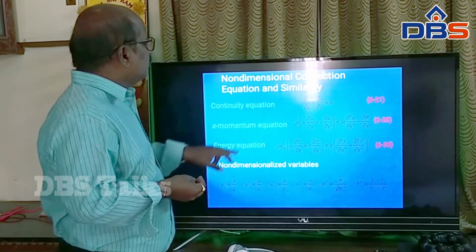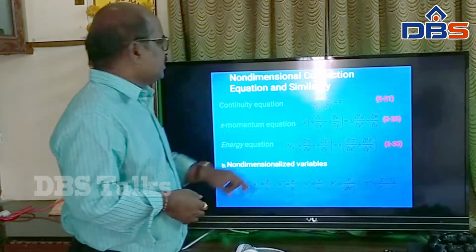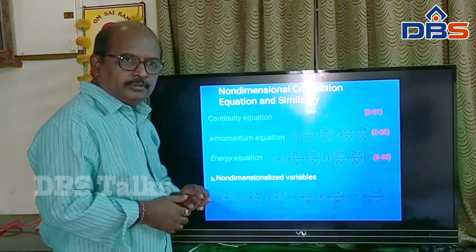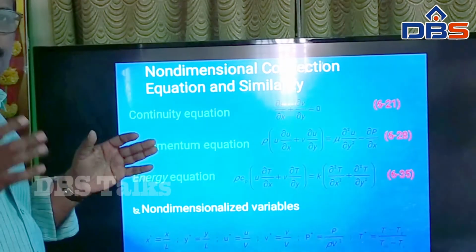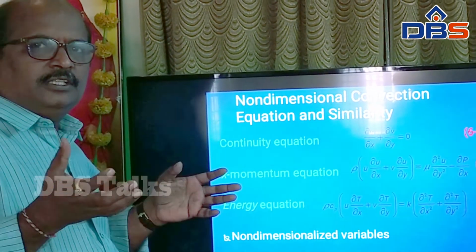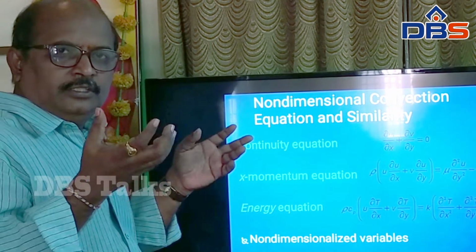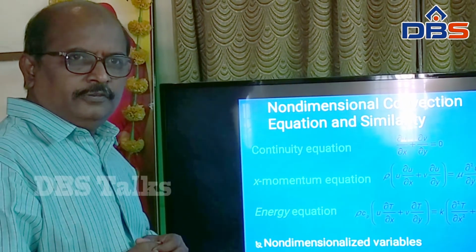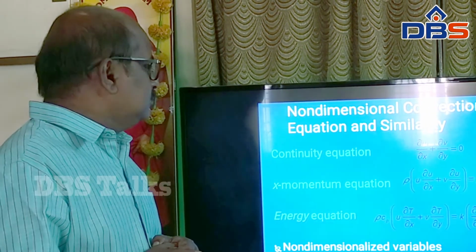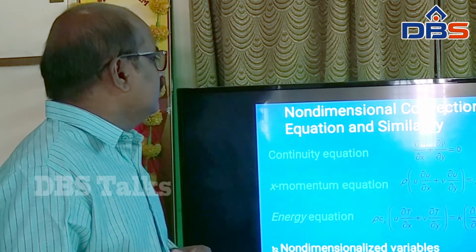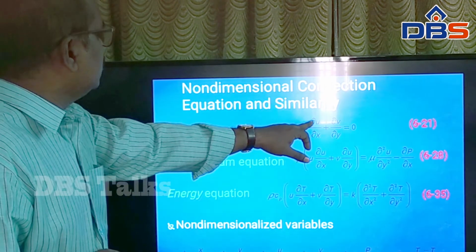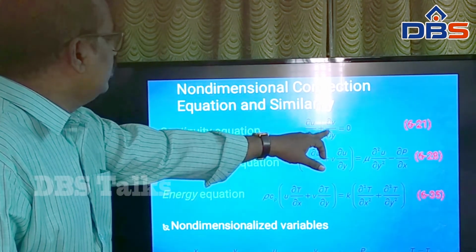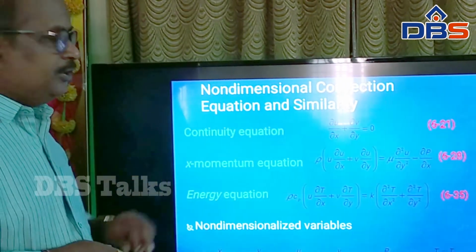Over that, the fluid is flowing in the x direction with velocity u and in the y direction with velocity v. For the continuity equation, for a constant discharge, if you take the balance equation, you get the partial differential equation dou u by dou x plus dou v by dou y equal to 0. This is the continuity equation.